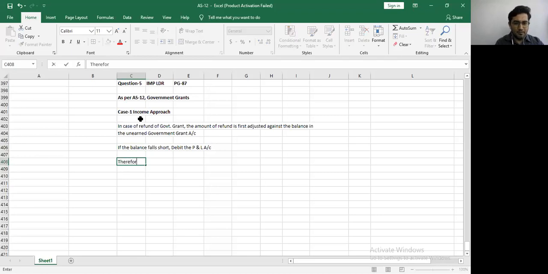Therefore, rupees 21 lakhs will first be adjusted from the balance in the deferred or unearned government grant account.